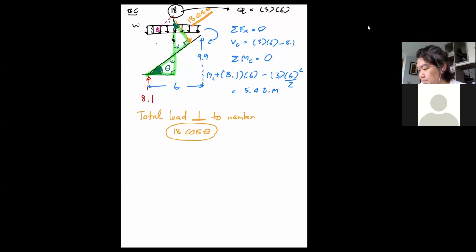So to reverse this back to the uniform load, let's call it omega prime. It's going to be 18 cosine theta divided by, let's say, L prime, the true length of the member.